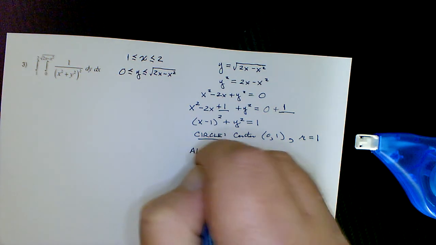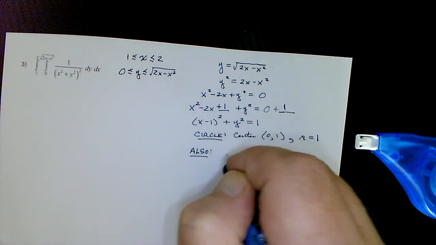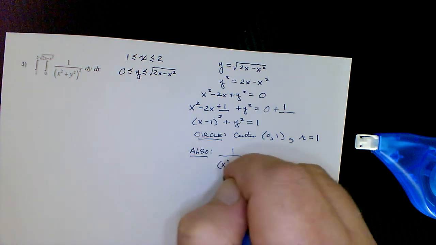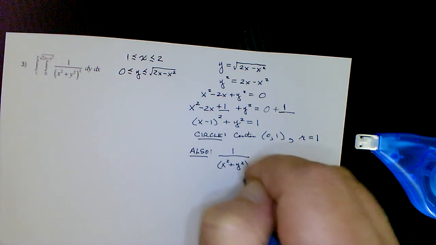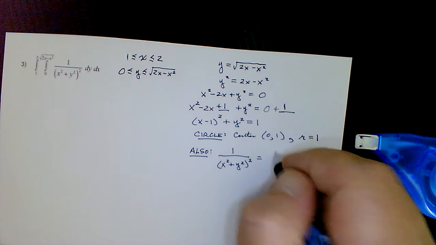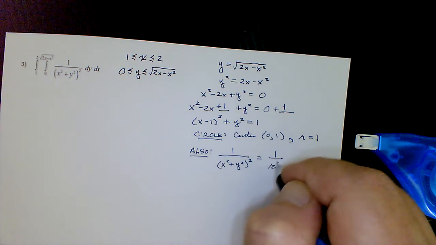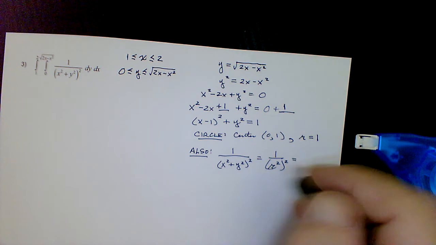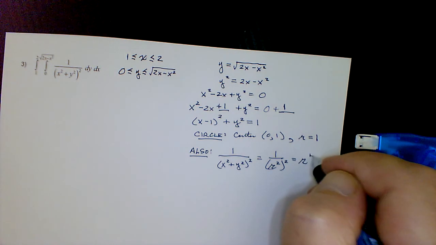the integrand 1 over x squared plus y squared as a quantity squared can be written as 1 over r squared squared, because x squared plus y squared is r squared, which would be r to the 4th.